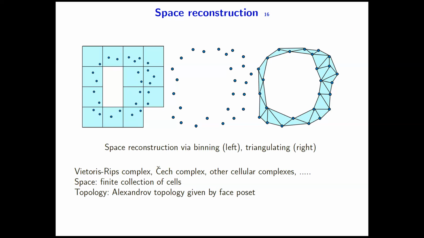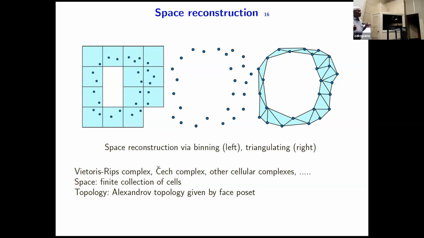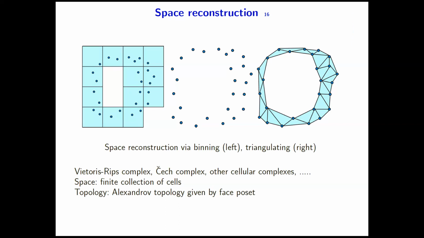But there is an alternative which is interesting, namely, in a cellular complex, you have this concept of face. Once you have a complex of faces, this gives you a partial order among faces. A face of a face is a face. So you have a partial order. And once you have a partial order on a finite set, the Alexandrov theorem says that actually you also have a topology.